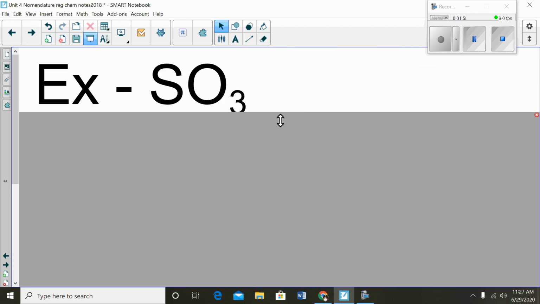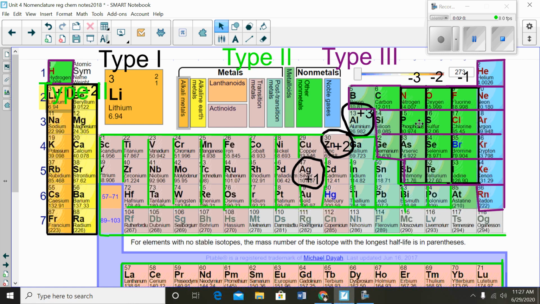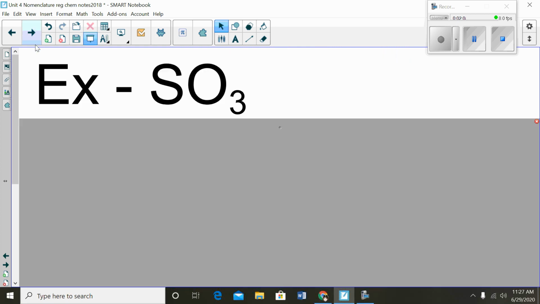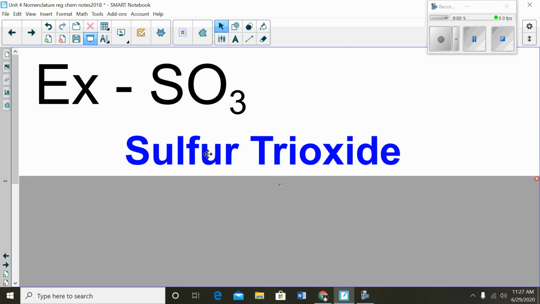And here's how it works. So if you have SO3, S and O are both in this type 3 group, right? They're both in this purple section. So the way to name this, S is my first nonmetal, and that's called sulfur. Now remember, we have to use prefixes. But sulfur is my first nonmetal, and if there's no number, then that indicates 1.